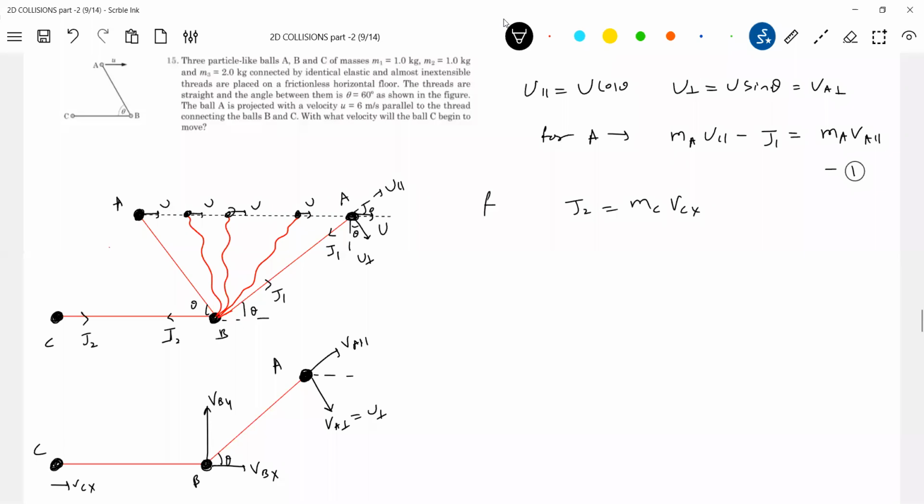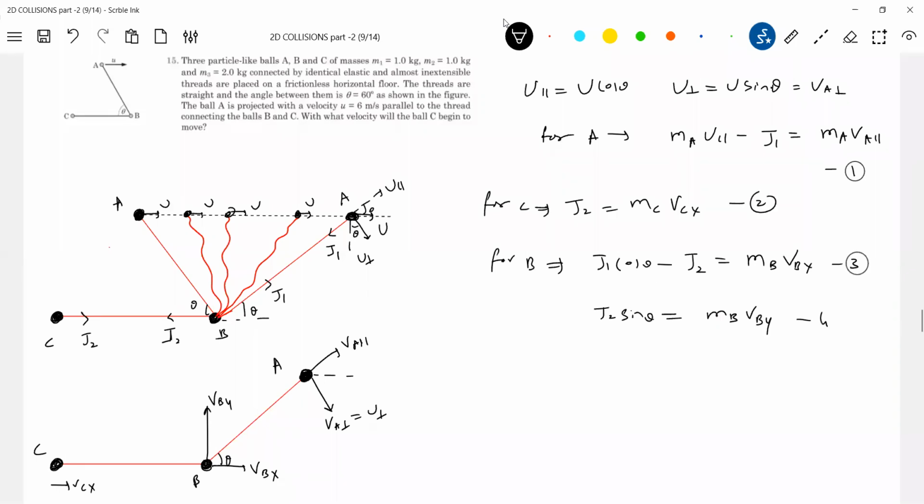For particle B, J1 cos theta minus J2 should be equal to MB VBX, and J2 sin theta should be equal to MB VBY. I think we have plenty of unknowns: J1, J2, VA parallel, VCX, VBX, VBY. We need a few more equations.